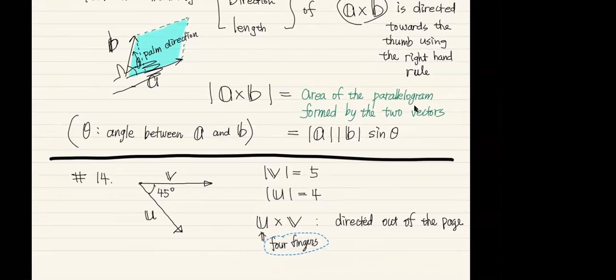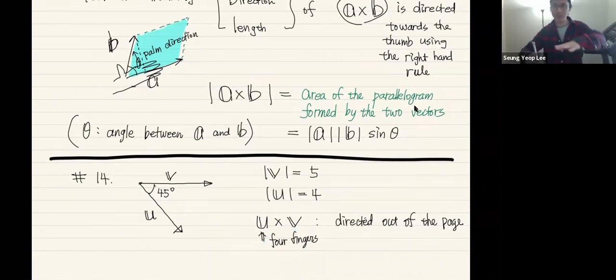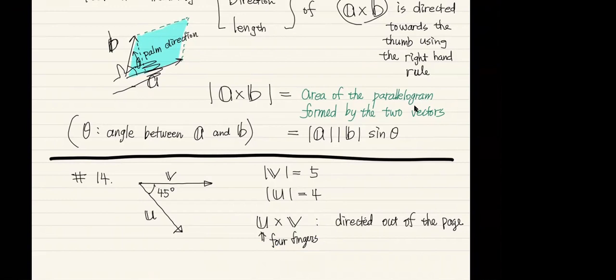Can you explain what you mean by in and out of the page again? Out of the page: you put the page down over the desk. Out of the page means going upward, going towards you. Into the page is going down to the ground. So just put this picture on your desk.